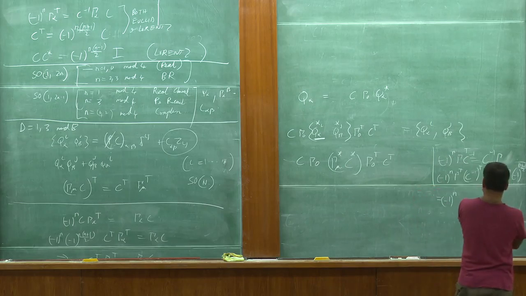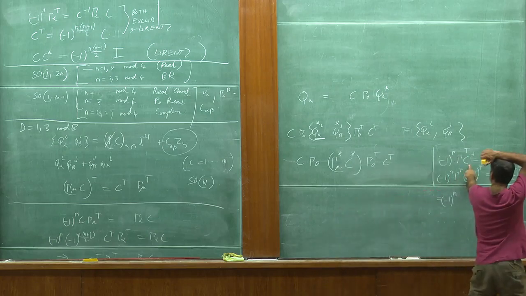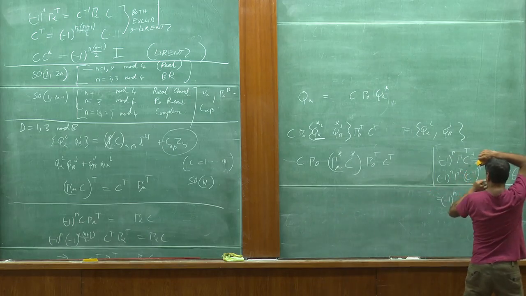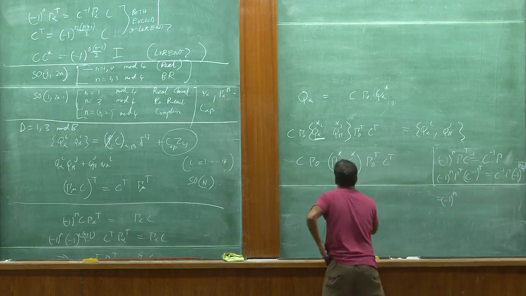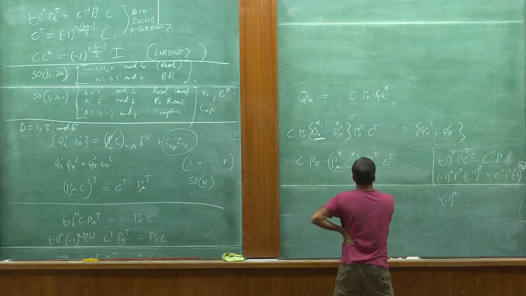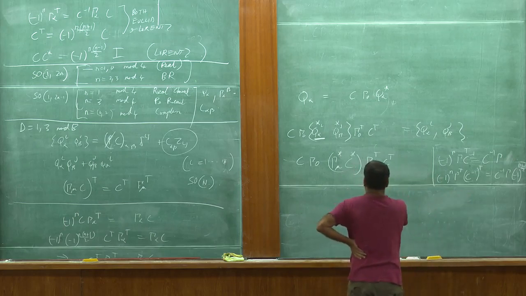Sorry, what was I doing here? I had this. You have proved that gamma mu C transpose is gamma mu C. Oh, good point, this I proved, yes. So gamma mu C transpose is gamma mu C. I mean C gamma, yes.